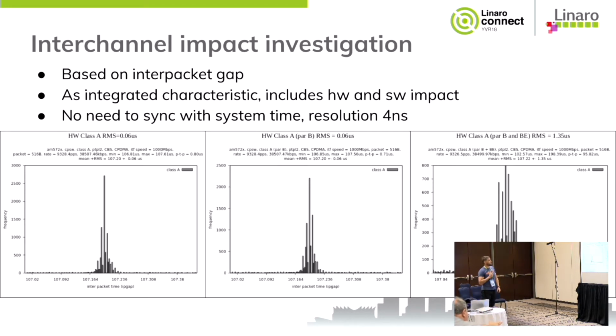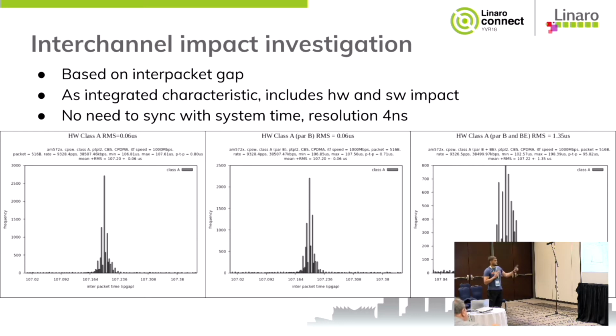We can also investigate inter-channel impact, but in this case we don't need any synchronization. We used only the PHC counter, which in our case has a resolution of about 4 nanoseconds. It's like an integrated characteristic that includes hardware and software impact.